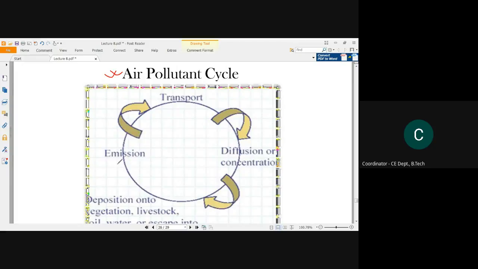So as you can see, the first source of air pollutant is the emission.